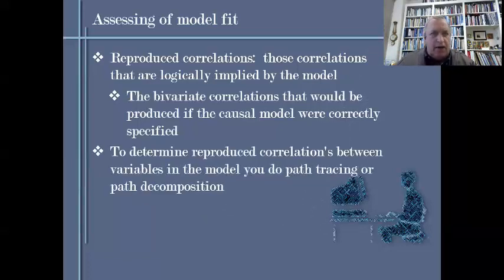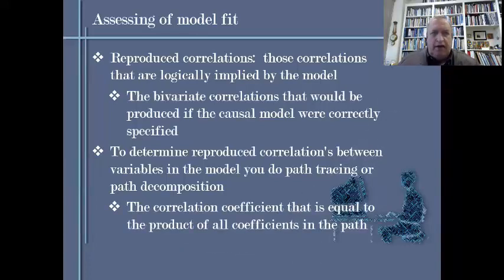To determine the reproduced correlations between variables in the model, you do path tracing or path decomposition. And this is where you start adding numbers to that model. The correlation coefficient is equal to the product of all coefficients in the path. And that's what we're doing in path decomposition, summing up all the correlations that are in the path and then comparing them.